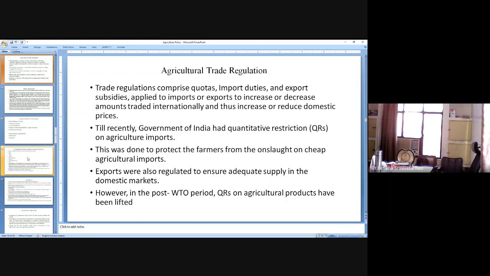In this way, from the import and export point of view, the regulations can be restricted and enhanced on both sides. In the post WTO period, the quantitative regulations on agriculture products have been lifted. Okay, we keep on observing how these types of trends take place from time to time. Next slide.